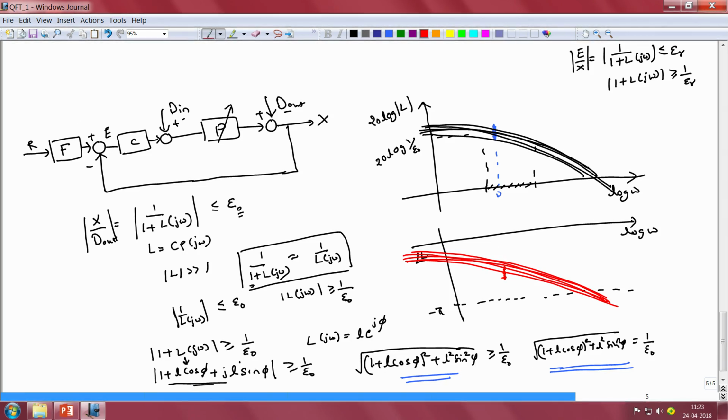The stability specification now becomes slightly more difficult to impose, because even if we were to go with a certain phase margin, the question still remains as to which one of the curves within this bundle of phase curves do we apply the phase margin to, because each of the curves within this bundle has a different phase margin, and the worst case phase characteristic need not necessarily correspond to the worst case magnitude characteristic.